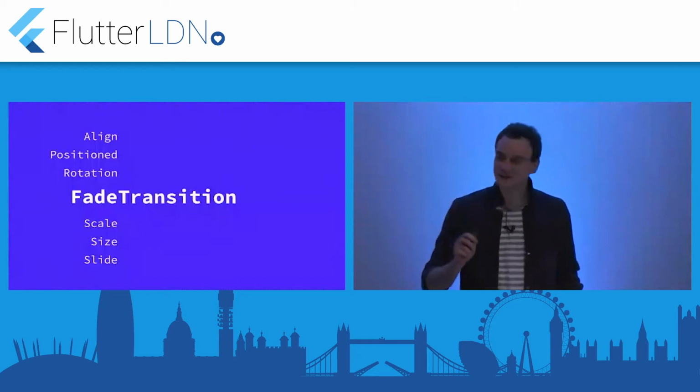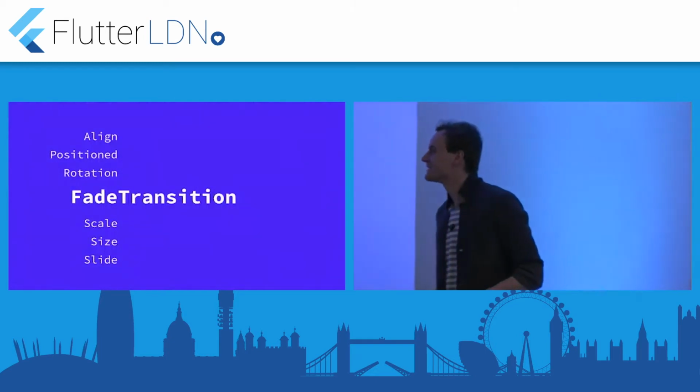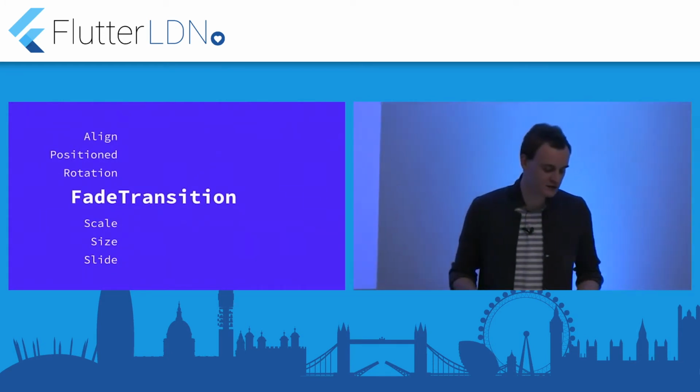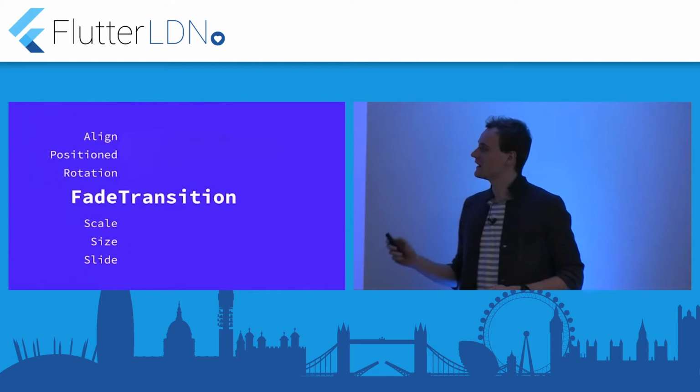You have the align transition, position transition, rotation transition, fade transition, scale transition, size transition, slide transition, and many, many more. Those are animated widgets you can directly use in your code.